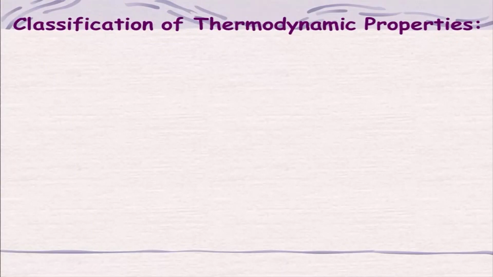When we talk about these properties, thermodynamic properties particularly, we have to understand what kind of properties they are. They can be broadly classified into two categories. Can you recall what those are? One is intensive property, the other is extensive property. What do you mean by extensive property?